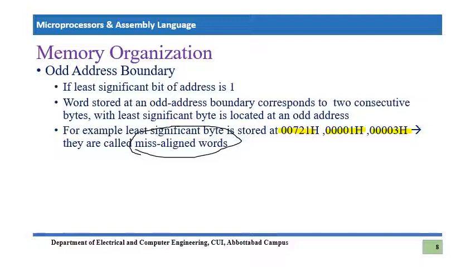But what about the content stored inside those locations? The information is known as misaligned words.